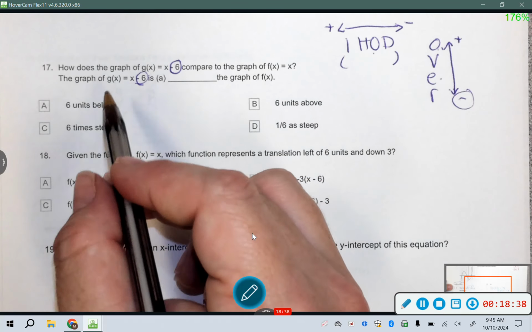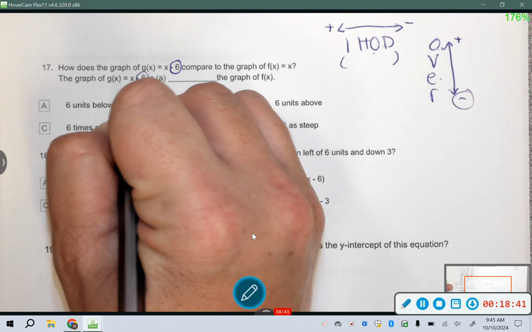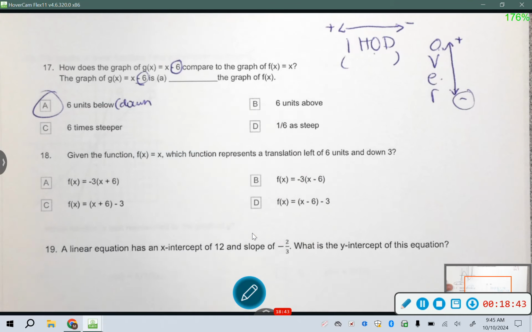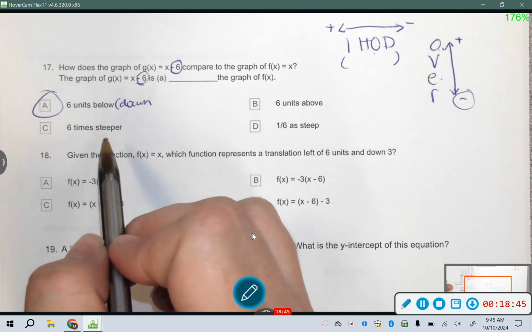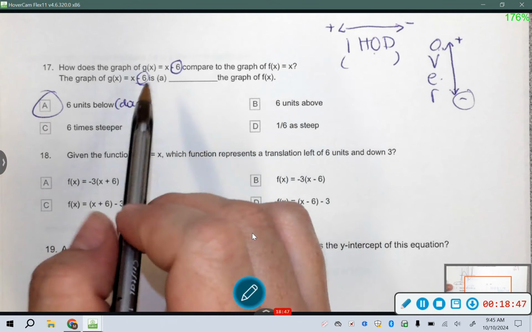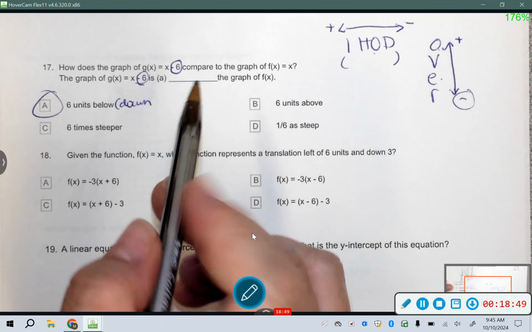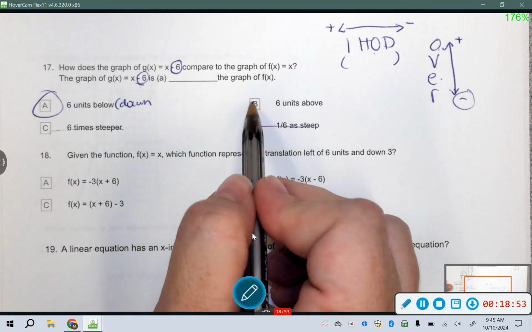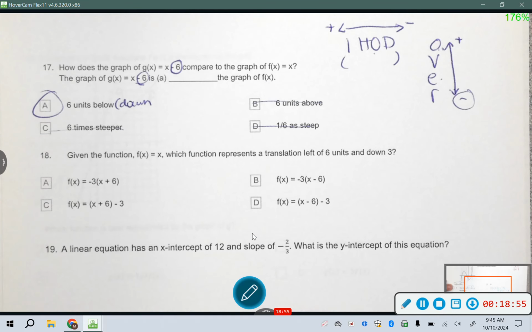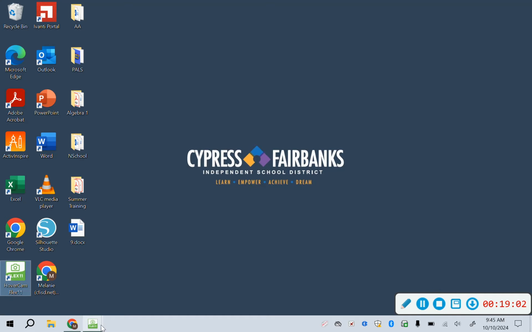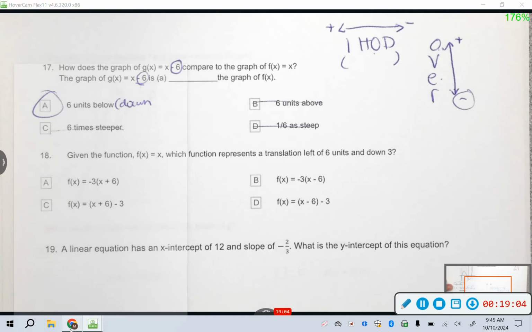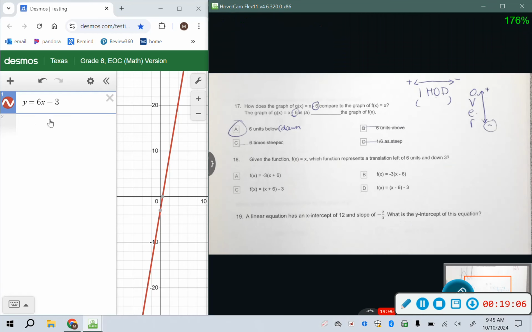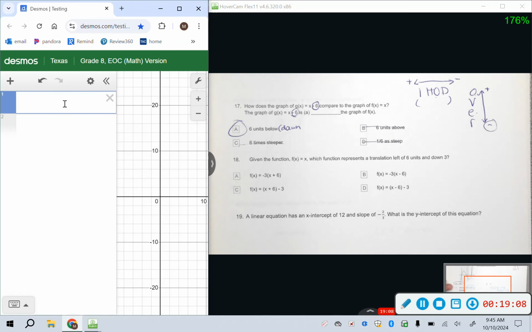So which one shows me below means down? So this is A. Remember, to make it steeper, you have to have multiplication in front of x. So those are wrong. And it's minus 6, so it did not go up. Okay, you could have also checked this one in the calculator because it only has an up and down change or a steepness change.